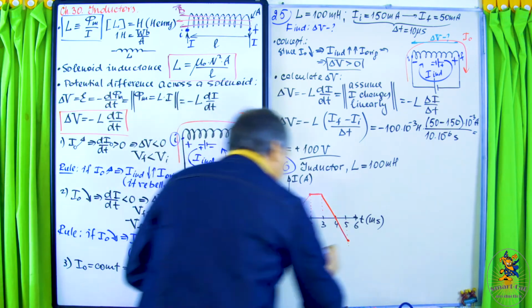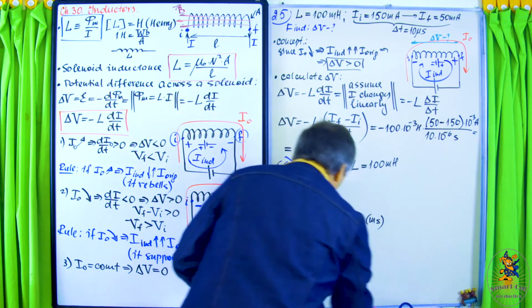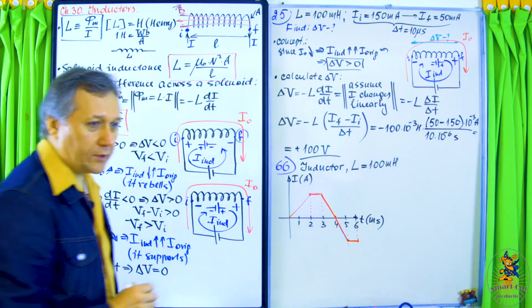And then it stays constant again up to the 6 millisecond point. Okay, so that's how current changes with time.